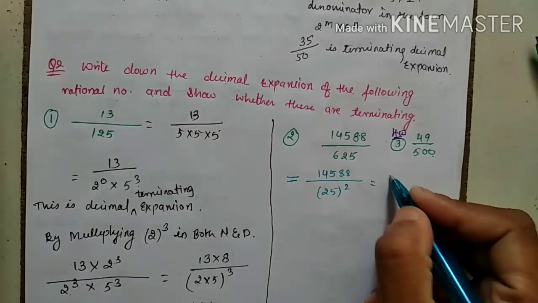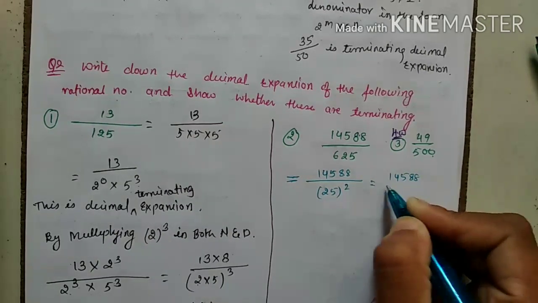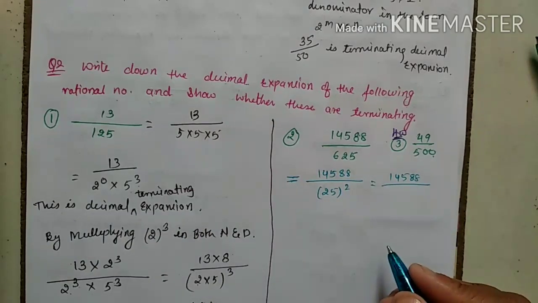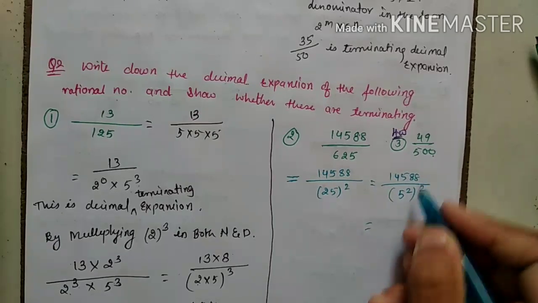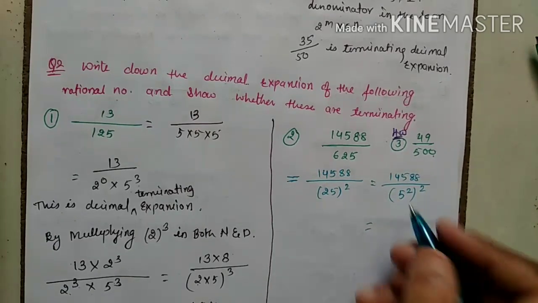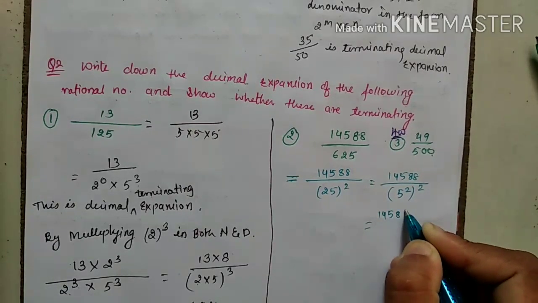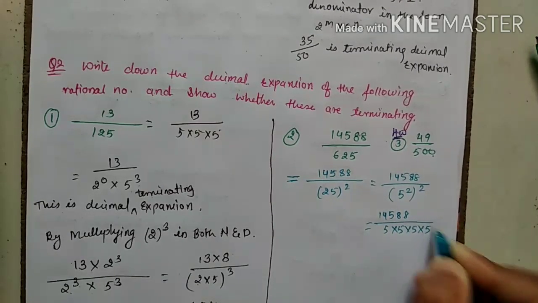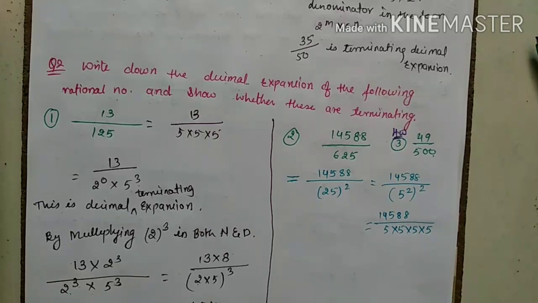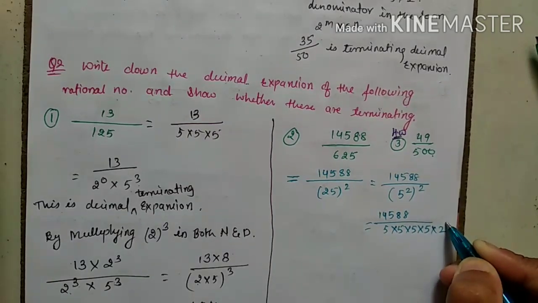This 25 is a square of 5. So as you know, 5 squared squared will come as 5 power 4. So what you can write: 5 into 5 into 5 into 5. Correct or not? Or you can write 2 power 0.